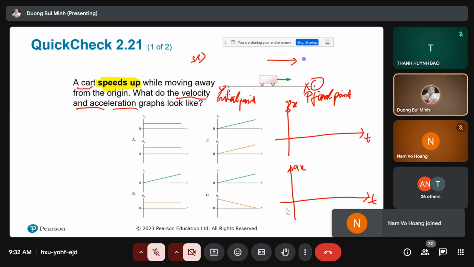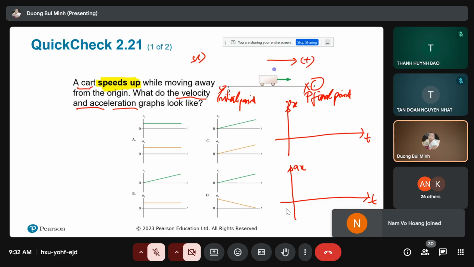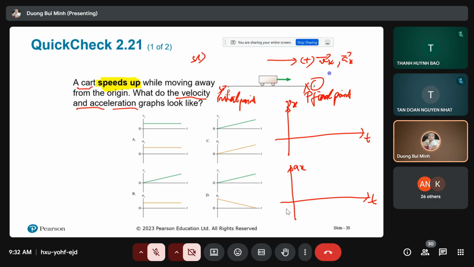So Vx is positive, Ax is positive. If we have negative, you can delete it. All the answers are positive, so you cannot delete any. That is the first step.